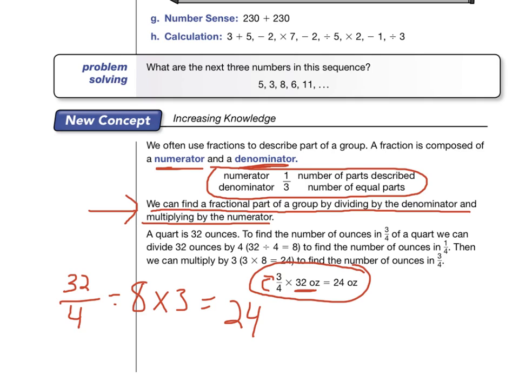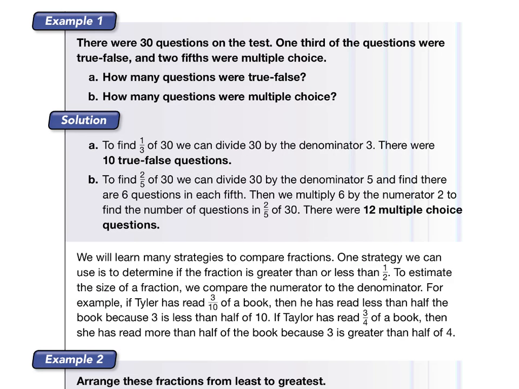That is not the only way. All right, let's look at an example. Example 1, you want to have all your examples in your notes, so write this down. There were 30 questions on the test. 1/3 of the questions were true and false, and 2/5 were multiple choice. Question A: how many questions were true and false, and B: how many were multiple choice.